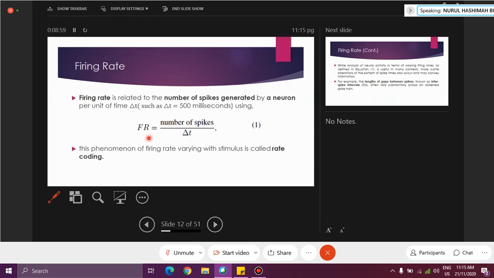For example, if you compare touching a gentle surface which has no harm, and touching a hot pot which is harmful, which one would have a stronger firing rate? Which one do you think would have a faster firing rate?